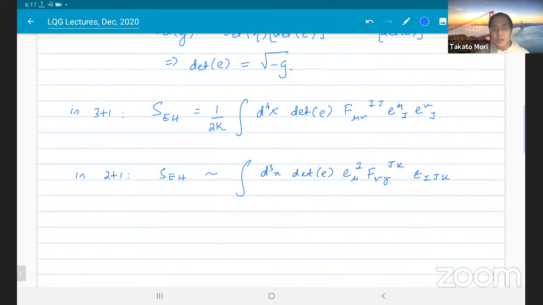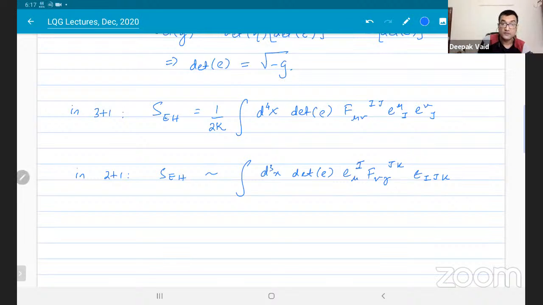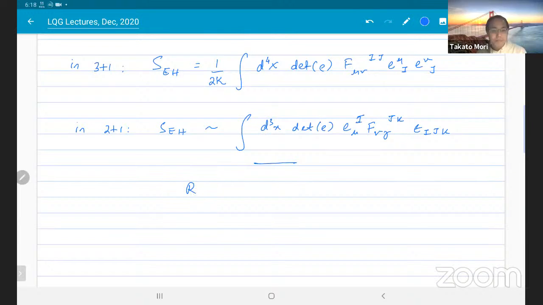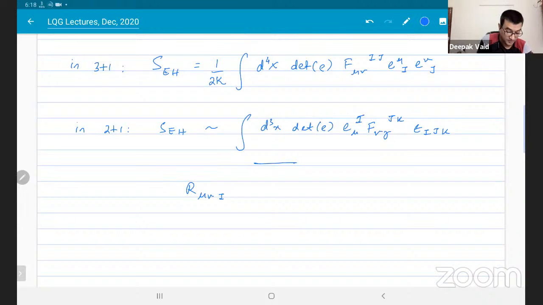Why is there a difference? The difference is because, okay, let me write the constitutive equation again, which is that R mu nu ij is equal to R mu nu gamma delta E gamma I E delta j.